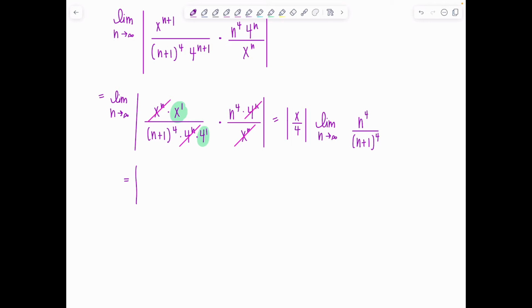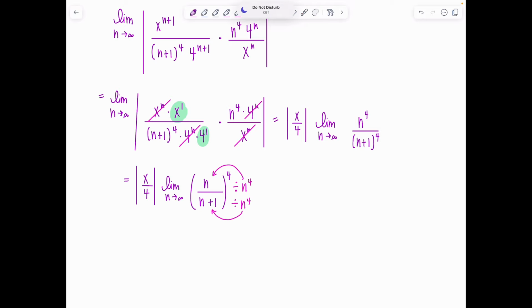So I'm going to rewrite this as absolute value of x over 4 times the limit as n goes to infinity of the quantity n over (n plus 1), to the 4th. Now I'm going to divide by n inside the parentheses, and it just becomes plain old n because it's already raised to the 4th.